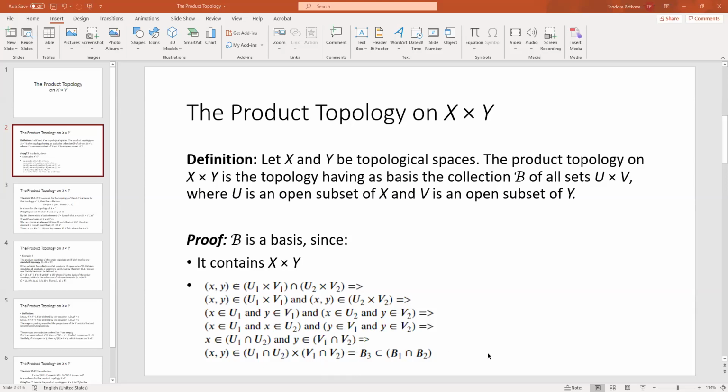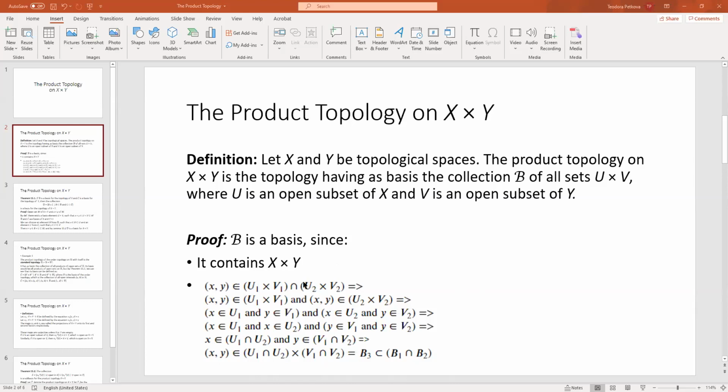I'm sorry, I just see there's someone writing something. Okay. So we get that the point (x, y) belongs to B3, which is a subset of the intersection of B1 and B2.